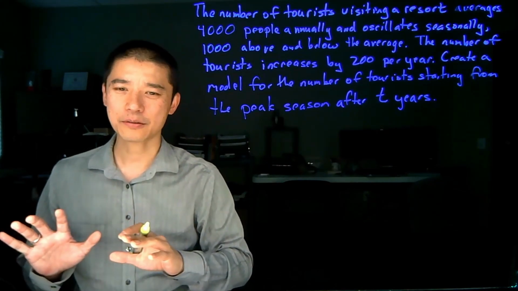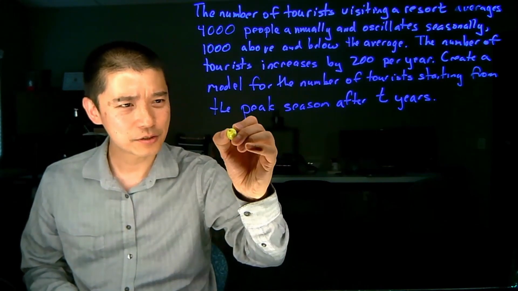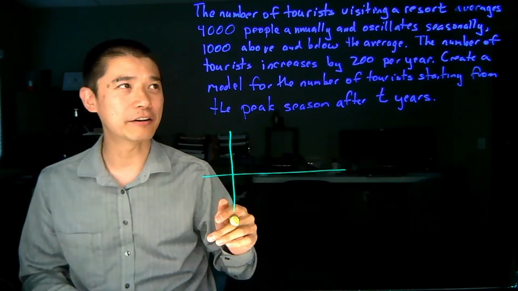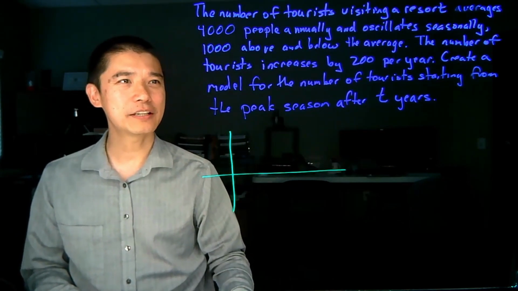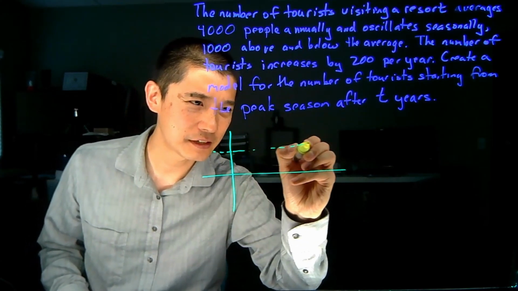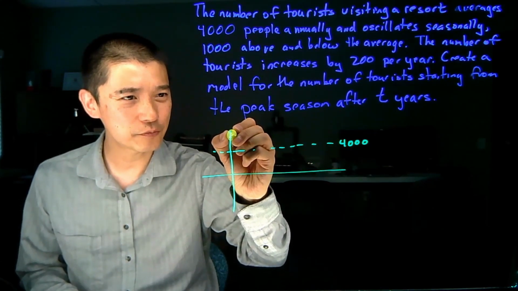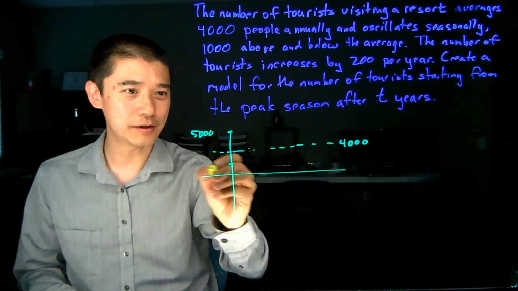So we're going to do this, not this problem first, but we're just going to think a little bit about what's happening. So here is a graph of the number of tourists that are in this area, in this resort. Now, if we ignore the part about increasing by 200 per year and just think about the behavior that we have, here's our average at 4,000, and it's going to go from above 5,000 to below 3,000.